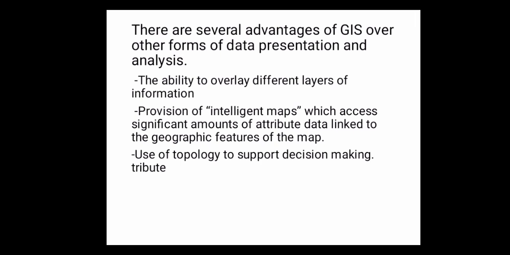The second one is the provision of intelligent maps, which access significant amounts of attribute data linked to the geographic features of the map. These intelligent maps can convey more information than may be immediately apparent.